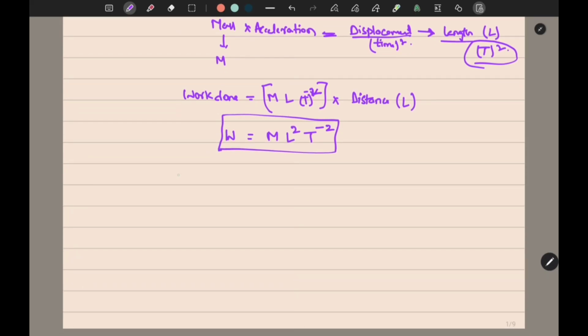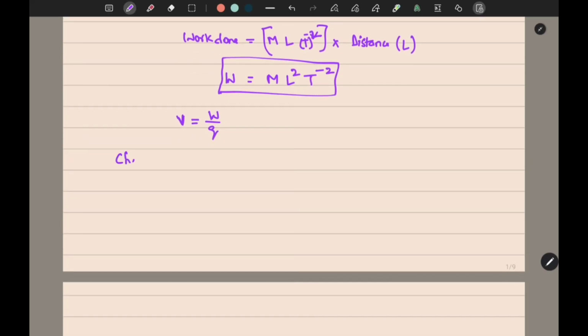So we put this in voltage, that is, we know that the voltage is work done per unit charge. Okay, here charge Q. We know that current is nothing but the number of charge particles moving through a particular point per unit time.